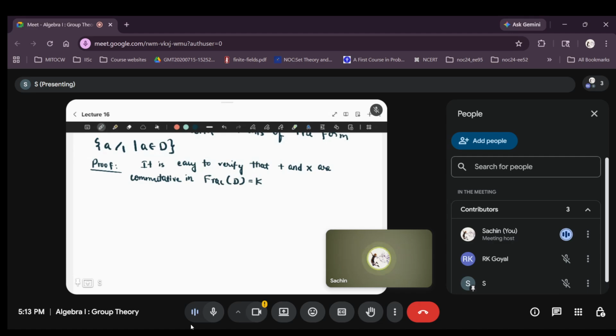So we won't prove commutativity. That follows directly from the commutativity of the addition and multiplication operations in the integral domain D.